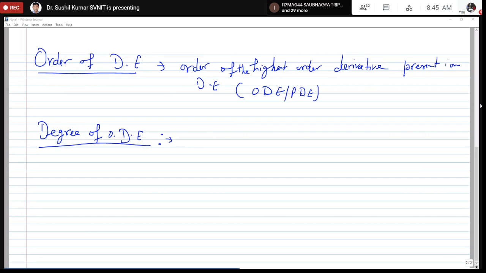Power of highest derivative. Okay. Yes. So see, it is for ODE. So let's say I'm writing this equation d2y over dx square plus under root dy over dx, and let's say it is equal to 0. What's the degree of this equation?